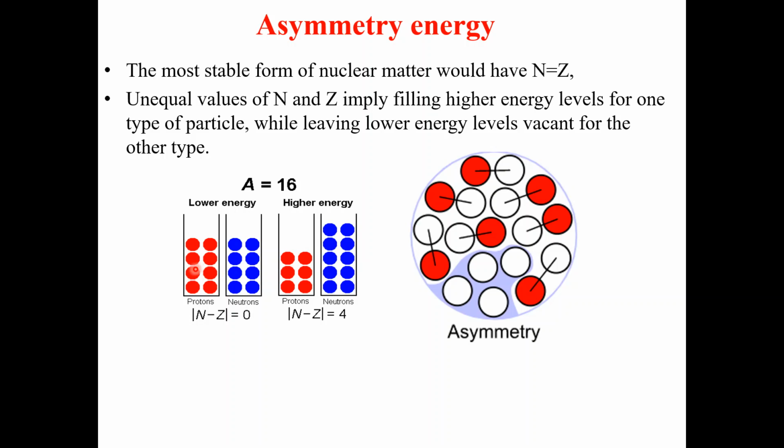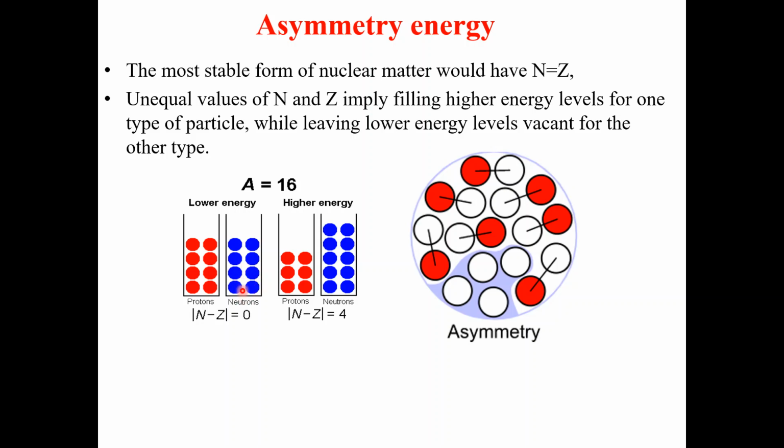If you assume the lower energy level and the higher energy level like this, the red particles basically denote the protons, and the number of neutrons, the blue colors, you can see here.